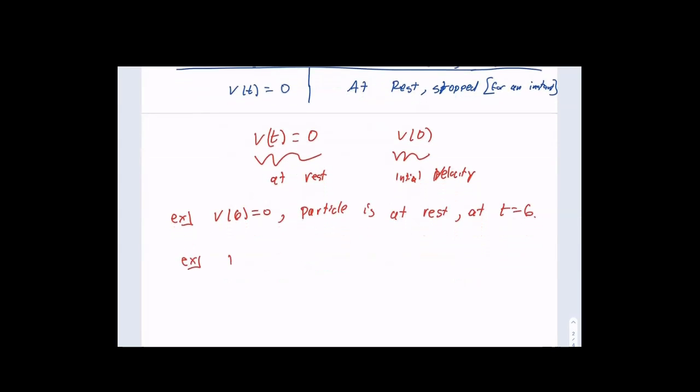Where if I said V of 0 equals 6, means the initial velocity, or I could have said at t equals 0, initial velocity is 6. So we gotta understand the difference between input, output, output, input.